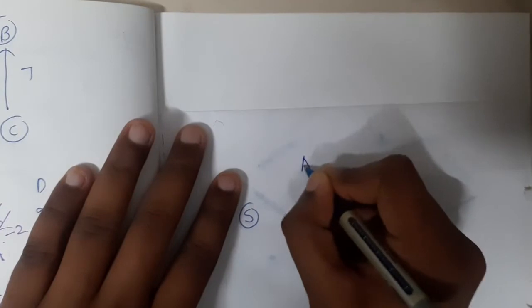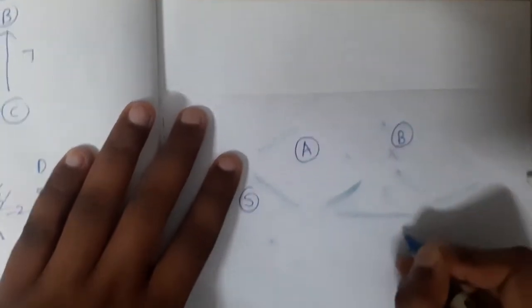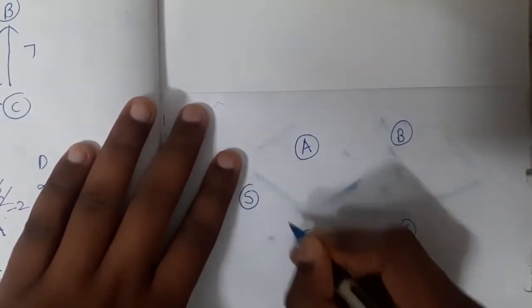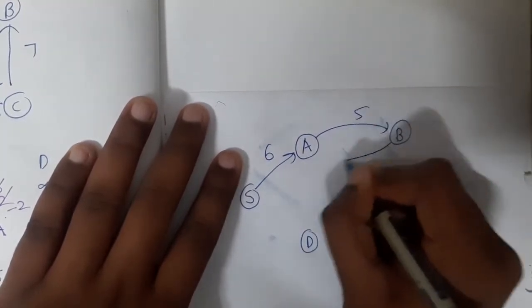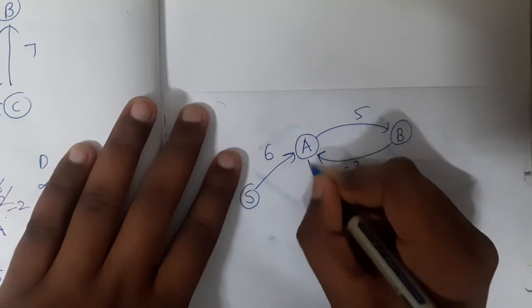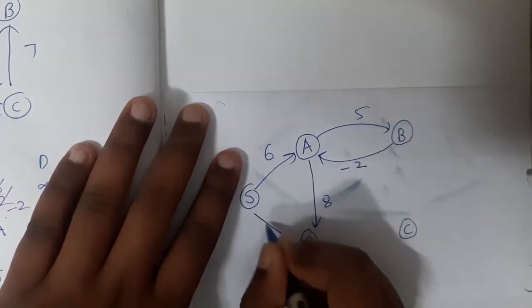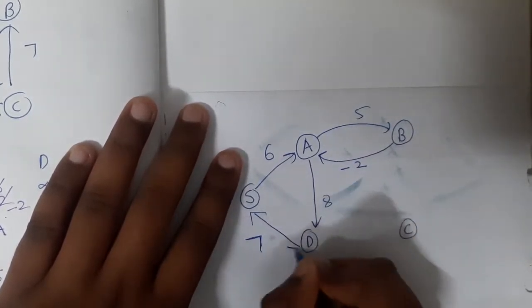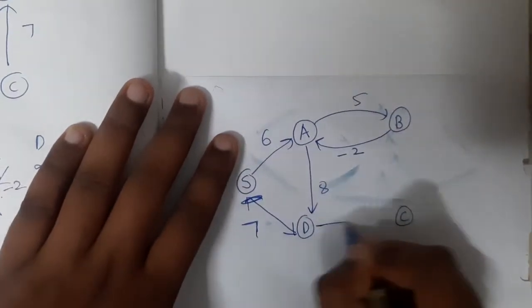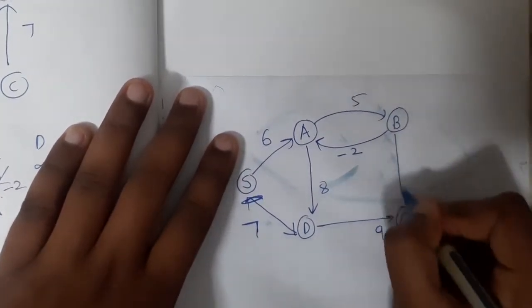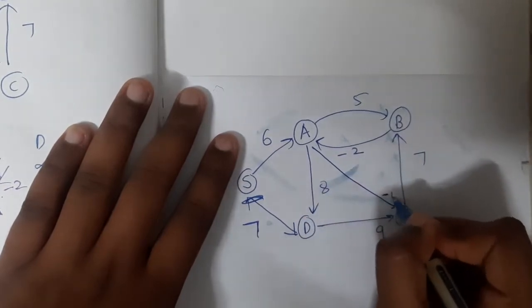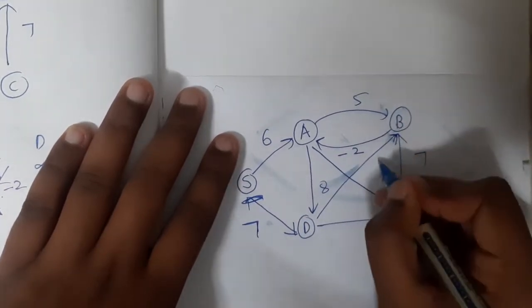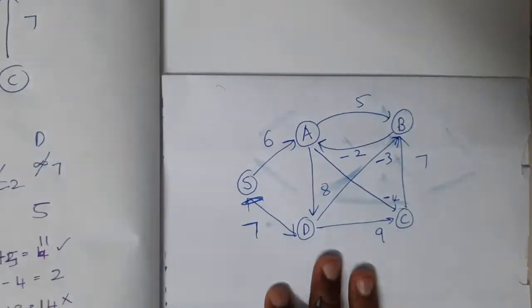A, B, C and D. Here the cost is 6, here the cost is 5, here the cost is minus 2, here the cost is 8, here the cost is 7 in this direction. Here the cost is 9, here the cost is 7, here the cost is minus 4, here the cost is minus 3. I have just drawn the graph, guys.